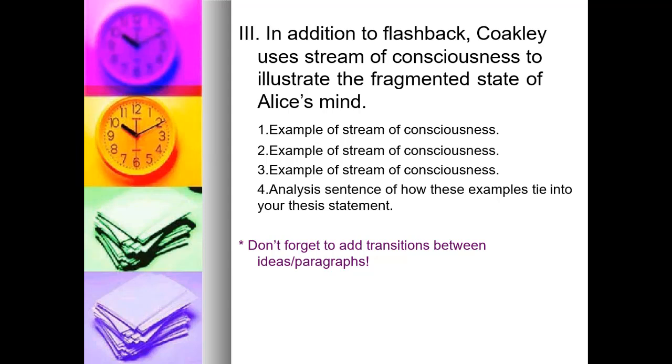So, our topic sentence here in this example says, "In addition to flashback, Coakley uses stream of consciousness to illustrate the fragmented state of Alice's mind." Then we're going to look for some examples in the story, plug those in, explain them, and end by showing the reader how the flashbacks disjoint the reader and mirror how disjointed Alice's mind is.